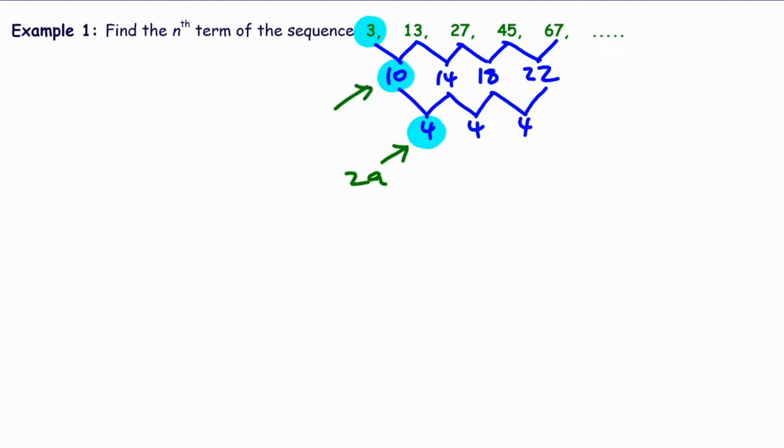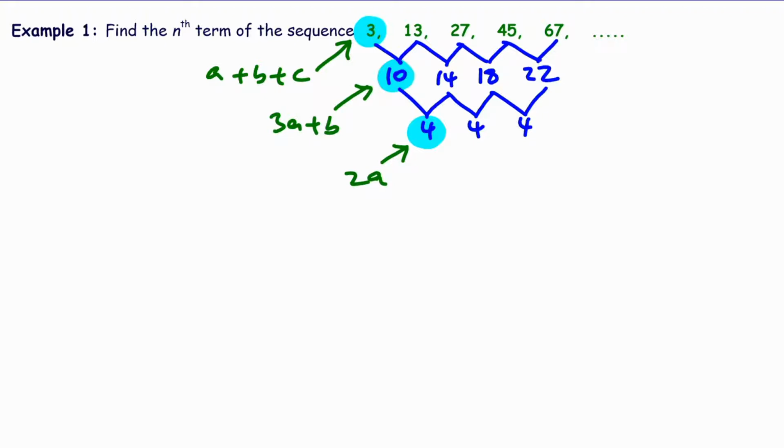We said that this guy is equal to 3a plus b. And we say that this guy is equal to a plus b plus c. So what I'm going to do is to just form equations out of these guys and use those equations to solve for these constants.